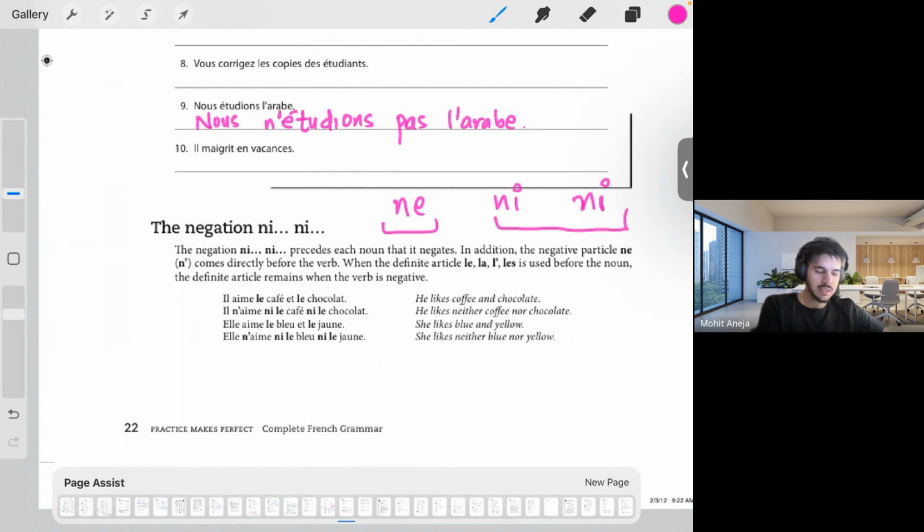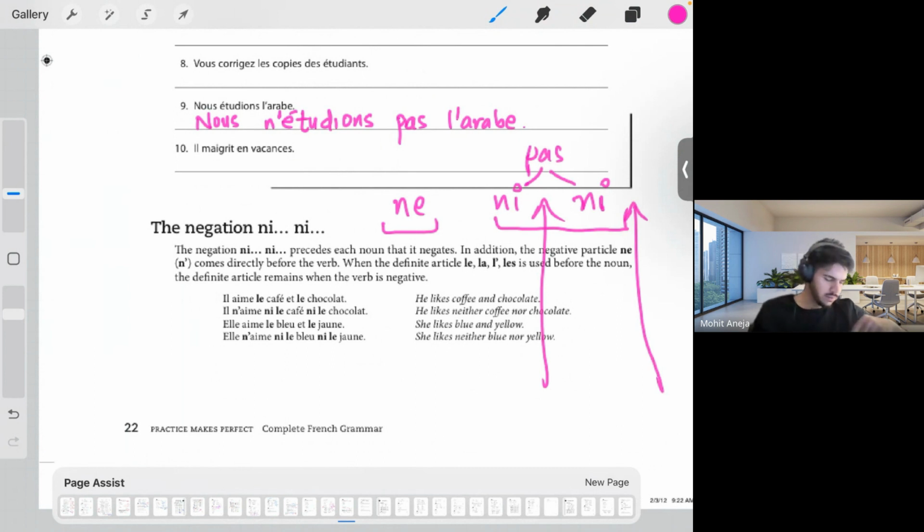This ni is nothing but pas broken down into two parts. We don't say the pas in this one, but we mention two things that we are negating. So, I don't like neither apples nor oranges.